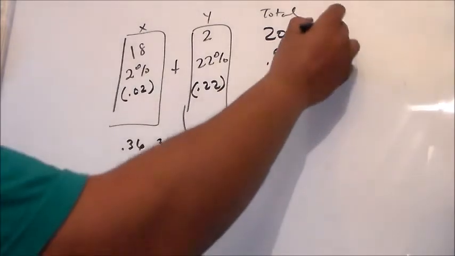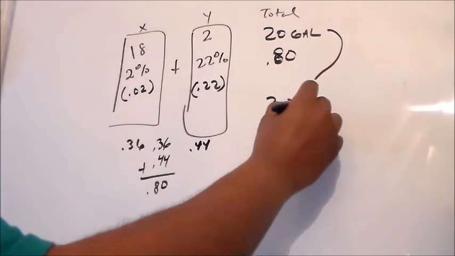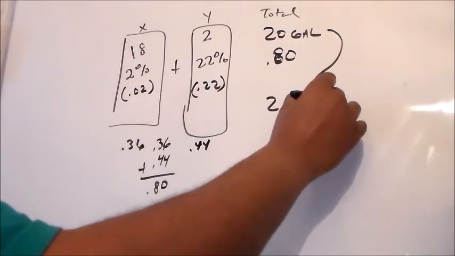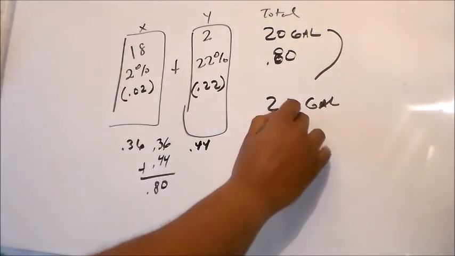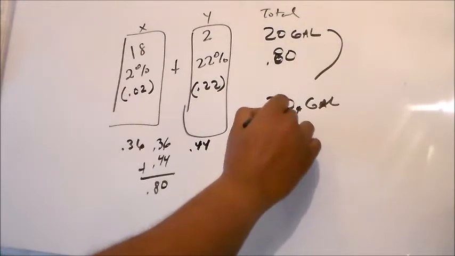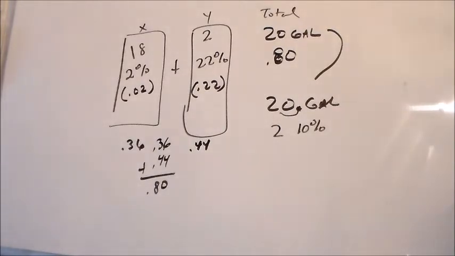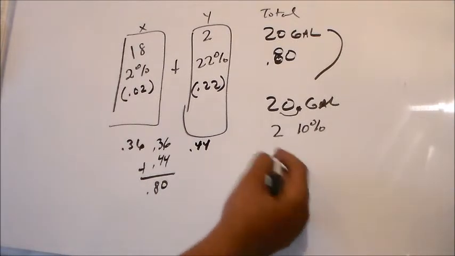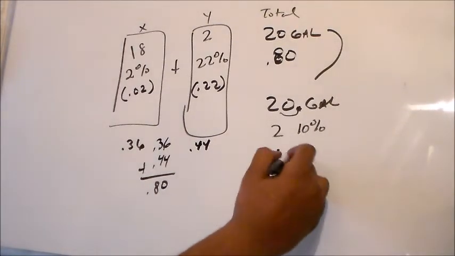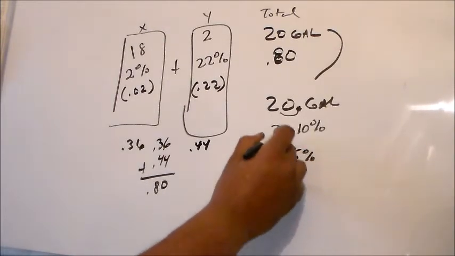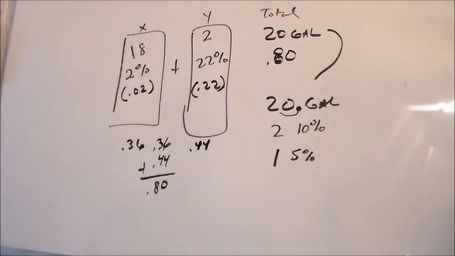If I take our total, which is 20 gallons, and move the decimal over 1, 2 gallons is 10% of 20. Splitting that in half, 1 gallon is 5%. So we need to be at 4%, and we're probably right there.